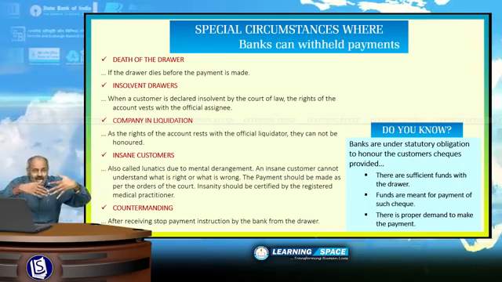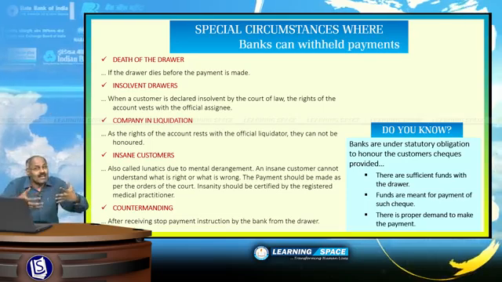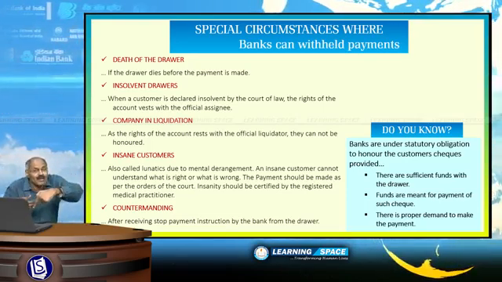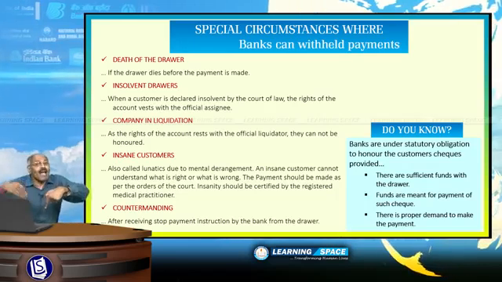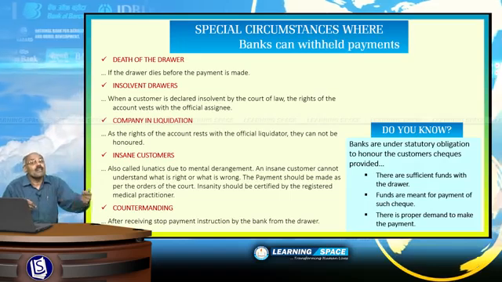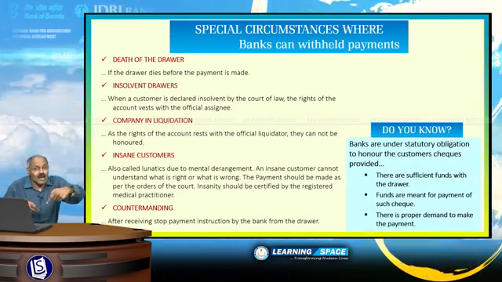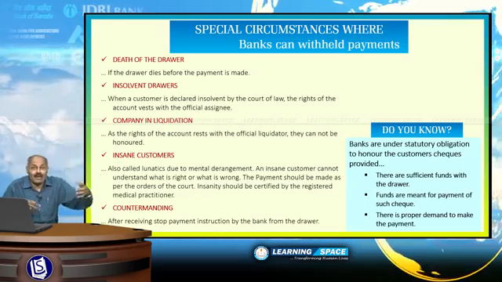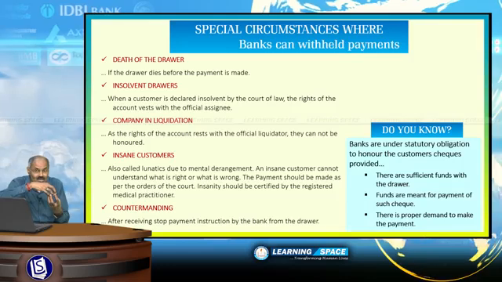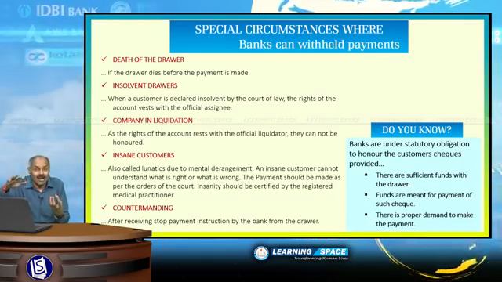Under those circumstances, court can declare him as insolvent, and when he is declared as insolvent, then official assignee will be nominated by the court and bank account cannot be operated. That means when a person is declared as insolvent, then that account cannot be operated, and when the account holder gives check under those circumstances, it cannot be honored by the bank.